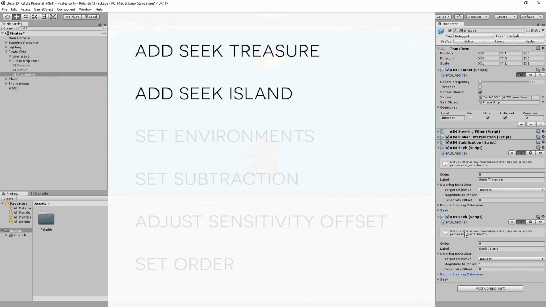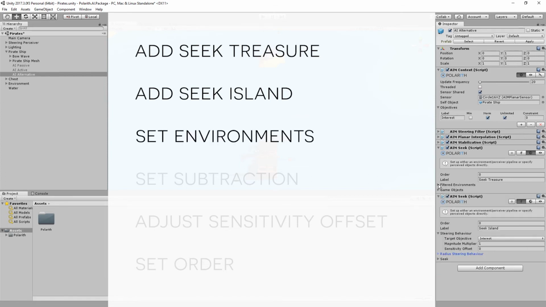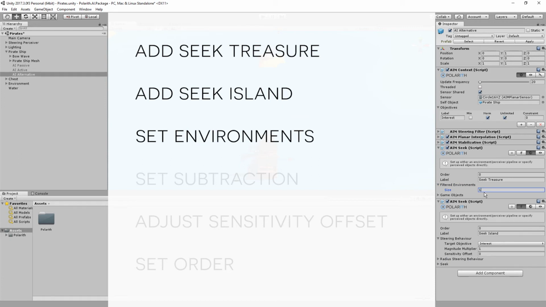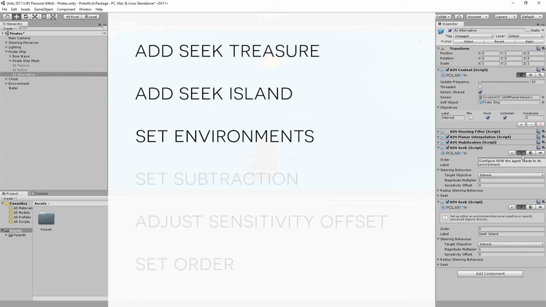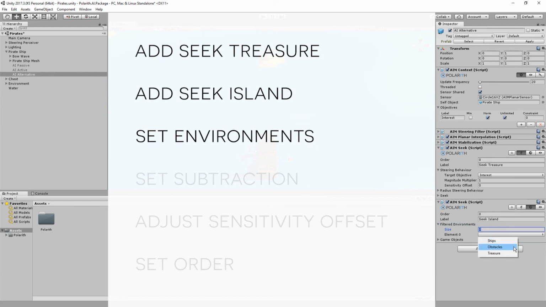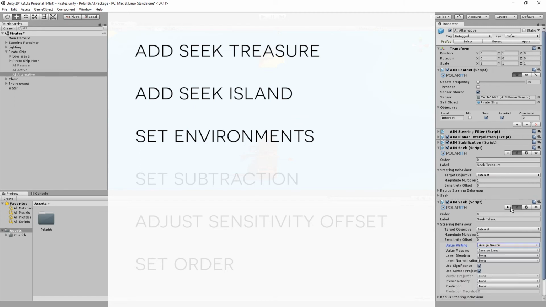But how can this work? We know that our treasure seek writes the highest value to the receptor that faces the treasure chest most. We also know that we can control how much this affects the adjacent directions with sensitivity offset. If we use our second seek to search for the island, we only get high values into the island's directions. That doesn't help much. But what if we subtract these values from the treasure directions?